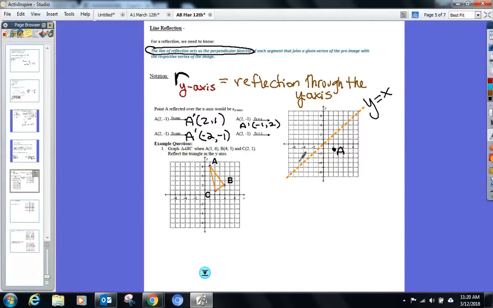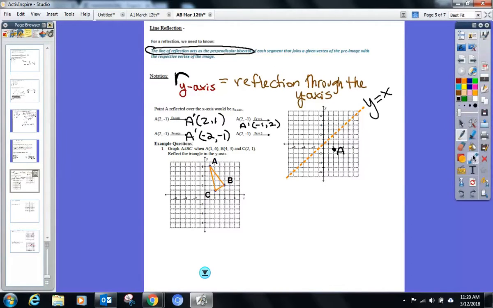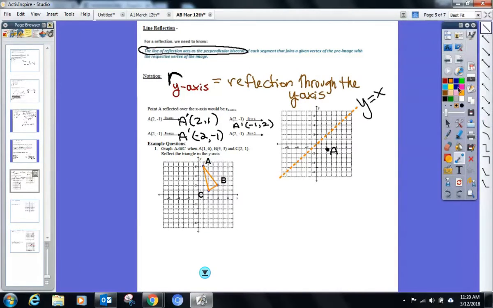Y equals any number is a horizontal line going through that number. X equals a number is a vertical line going through that number. So what type of line am I looking at here for y equals 2? Horizontal line going through 2. So it should look something like this. There's y equals 2.